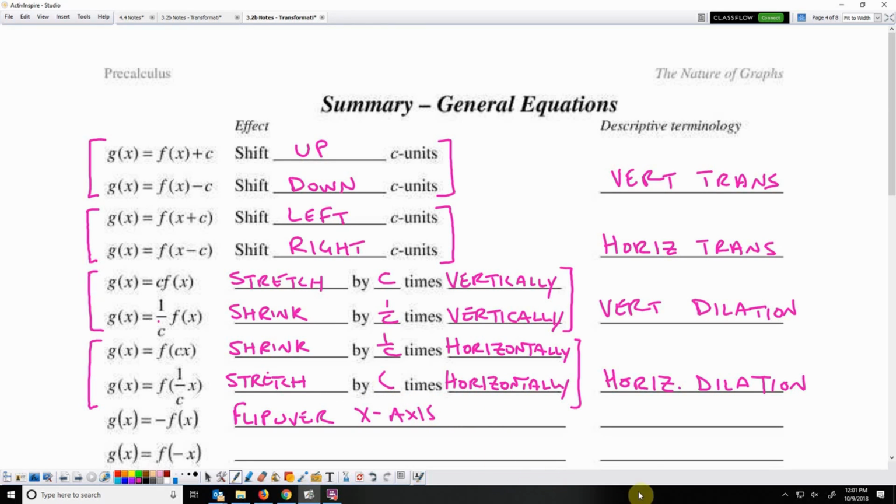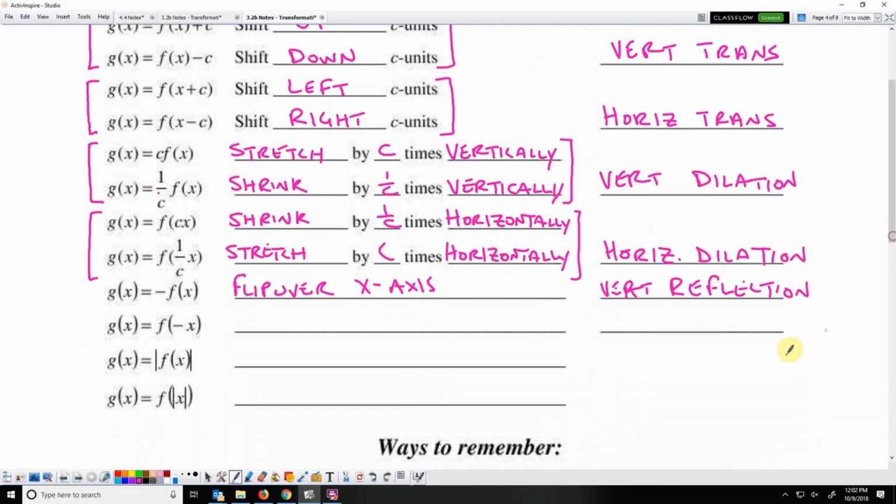And that is a vertical reflection. When I multiply by a negative inside, it's going to flip over the y-axis. And that is called a horizontal reflection.